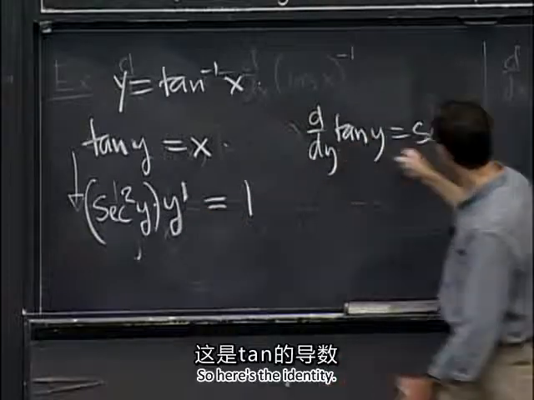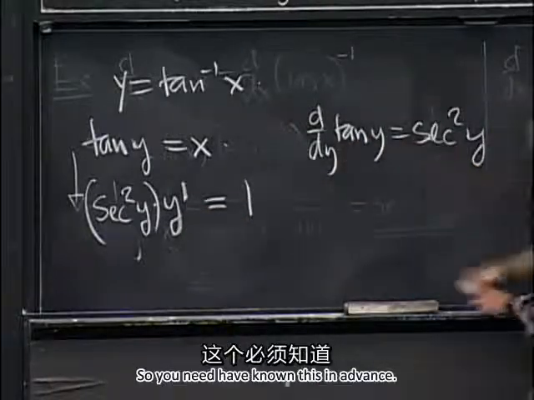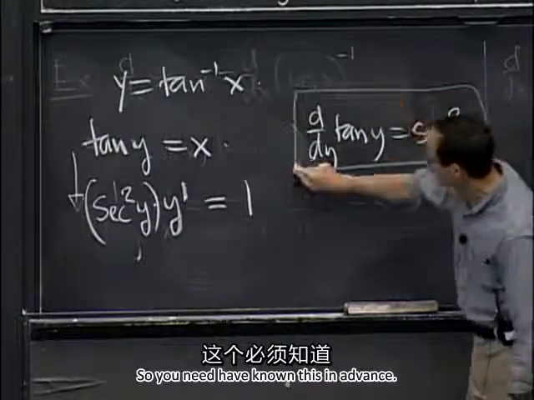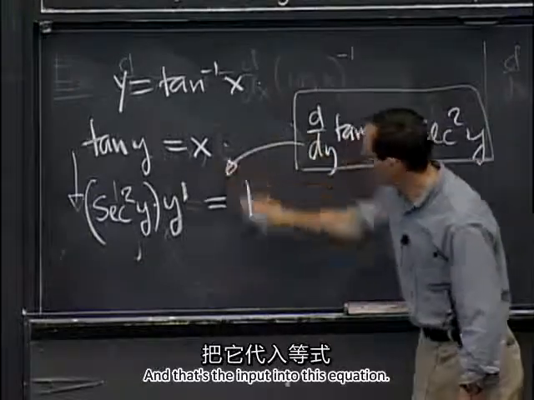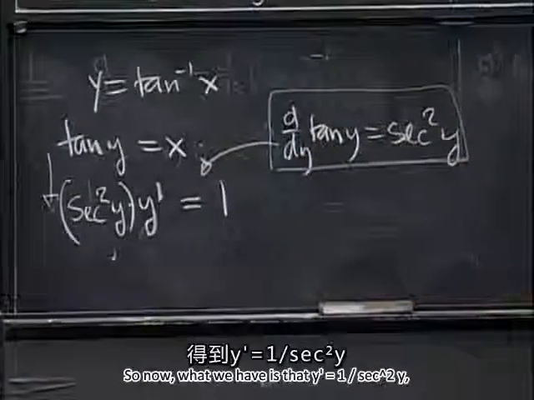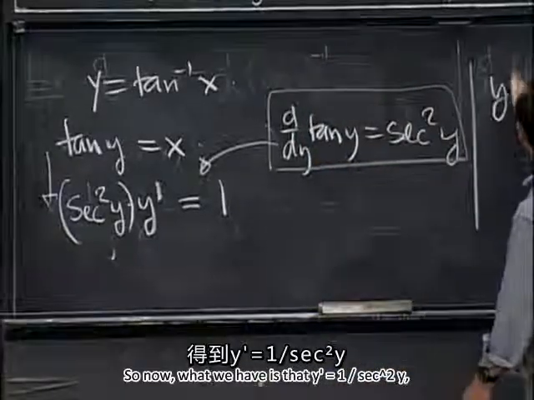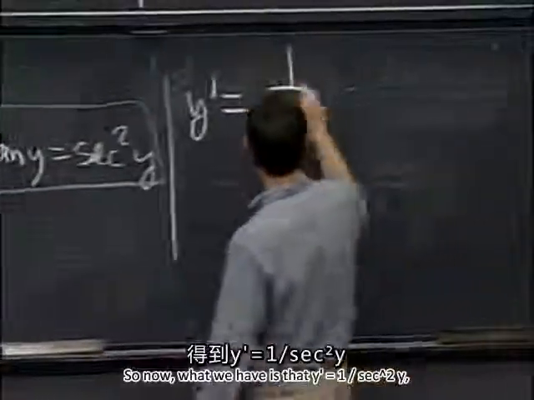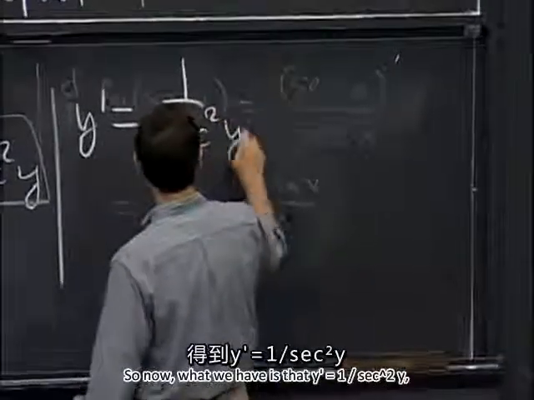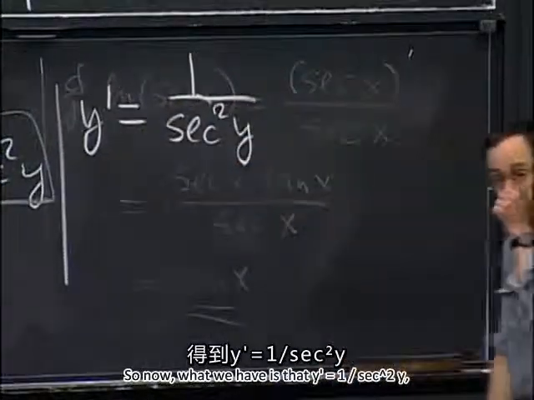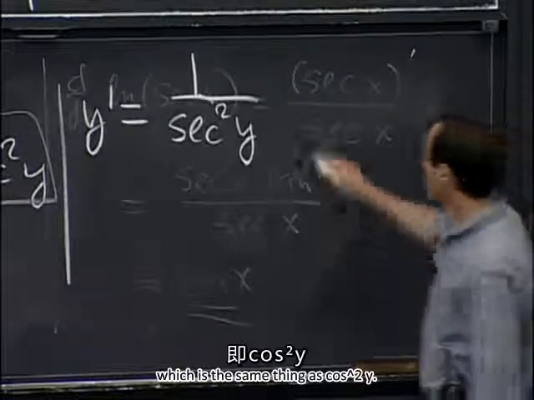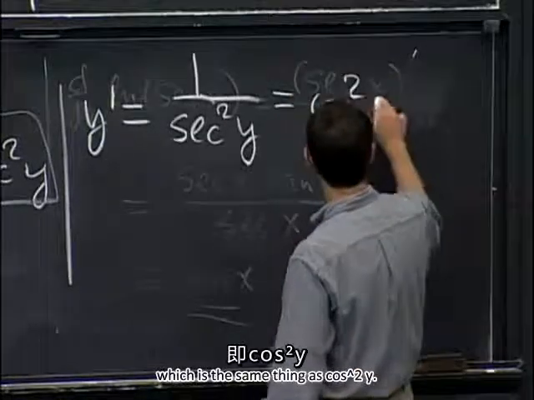Okay, so here's the identity. You need to have known this in advance, and that's the input into this equation. So now what we have is that y prime is equal to 1 over secant squared y, which is the same thing as cosine squared y.